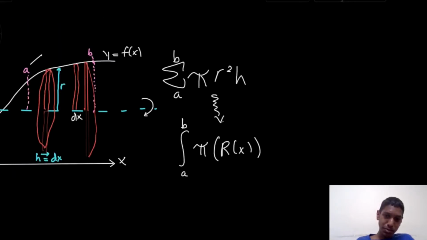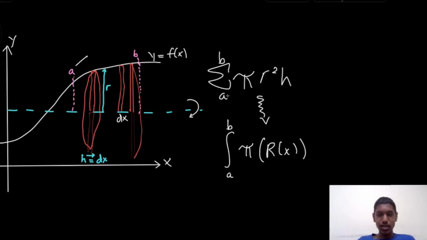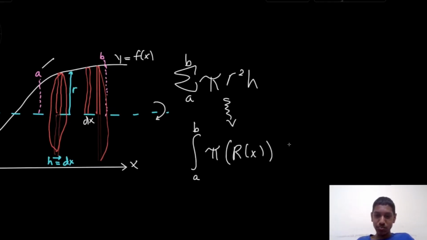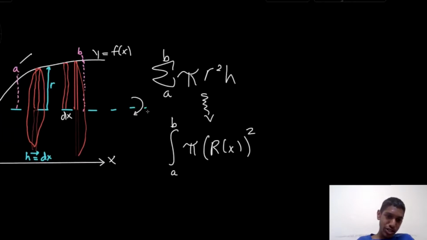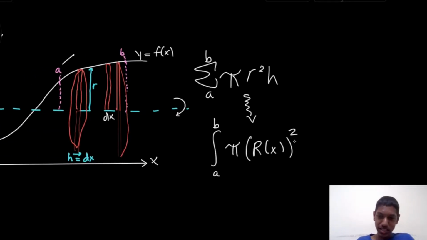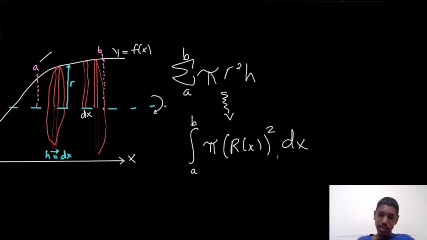And probably the heart of this whole method is figuring out what that r of x is exactly. And then, do not forget to square. So pi r squared, right? And then you've got h, which we said was the dx every single time. So you have dx. So this is essentially rotating.